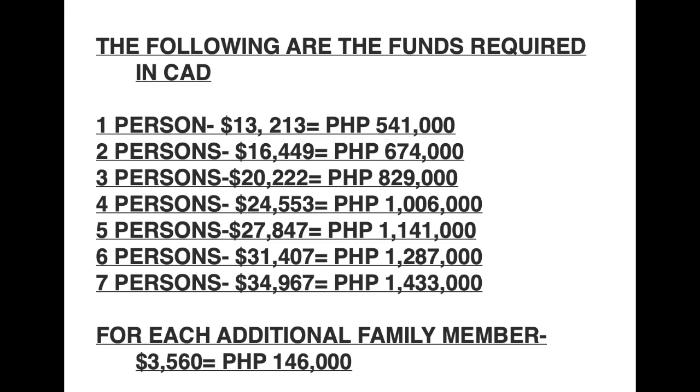For 6, it's 31,407. And for 7 people, 34,167. It's a little bit bigger because there are plenty of members of the family already, 7. And for each additional family member, for example, if there will be 8 family members, you have to add 3,560 for each family member.